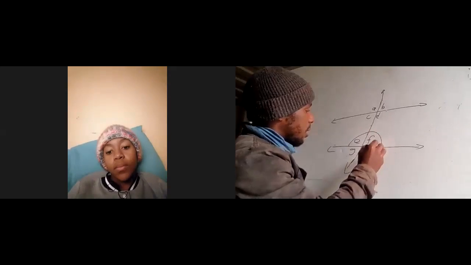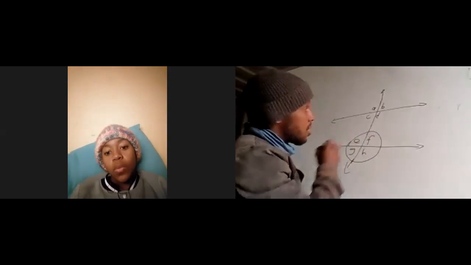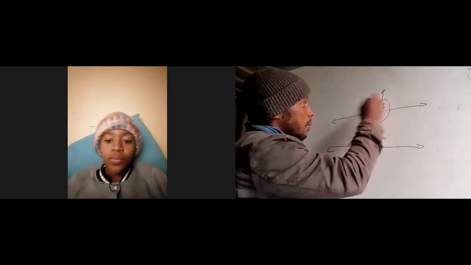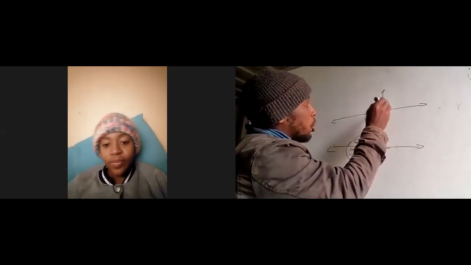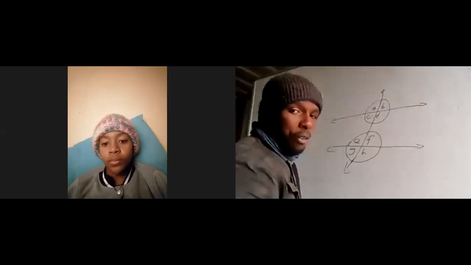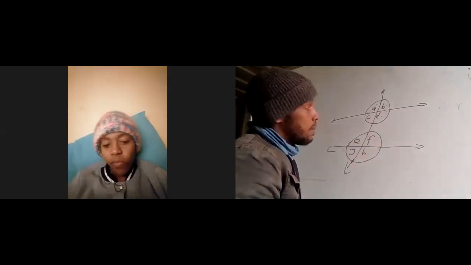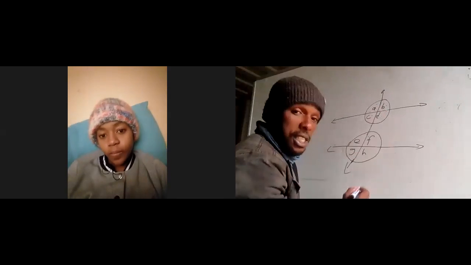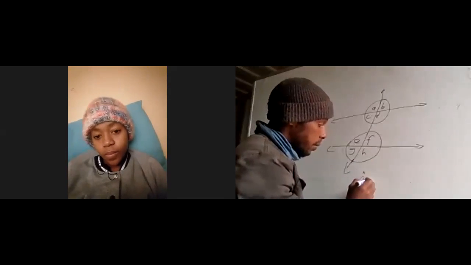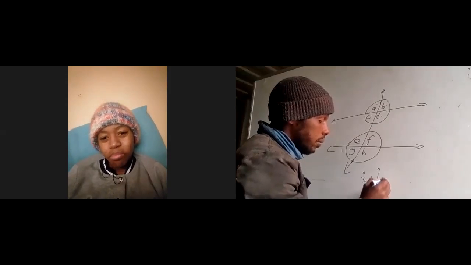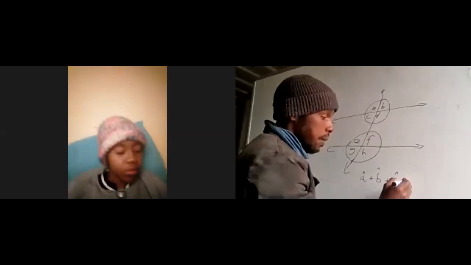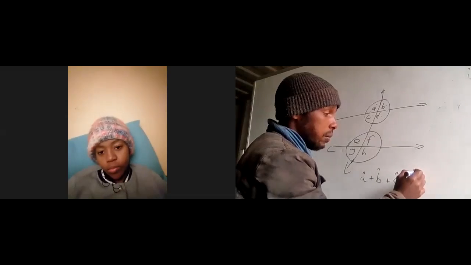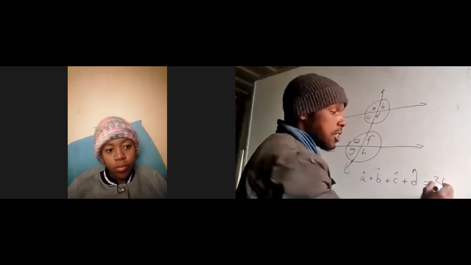You can see the circling that I'm doing here. All these angles, 1, 2, 3, 4. When you add them up, angle A plus angle B plus angle C plus angle D is equal to 360 degrees.